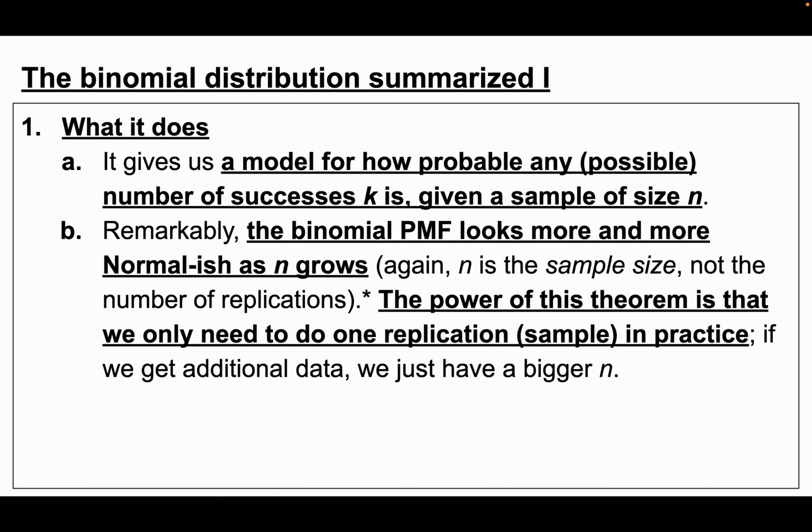Okay, so why am I making such a stink about that point? Well, the power of the whole theorem is that we only need to do one replication in practice. So we only need one sample to be able to say a lot about our data, and if we happen to get additional data, we don't consider that two replications, we just consider it a bigger n.